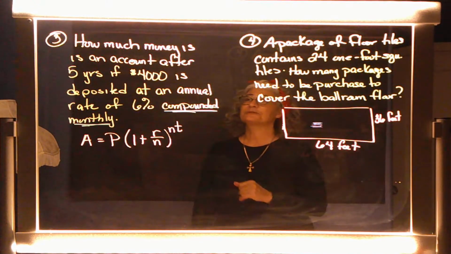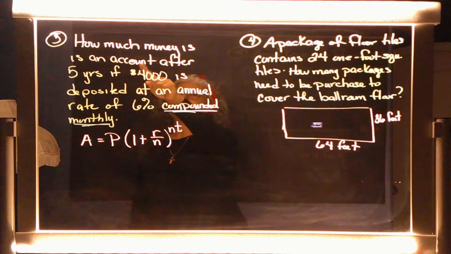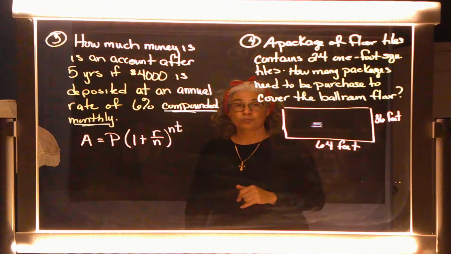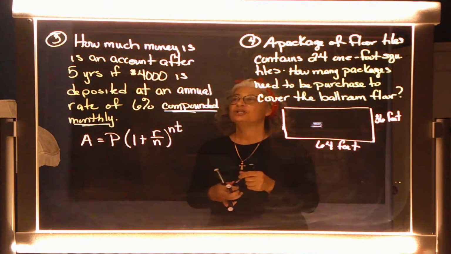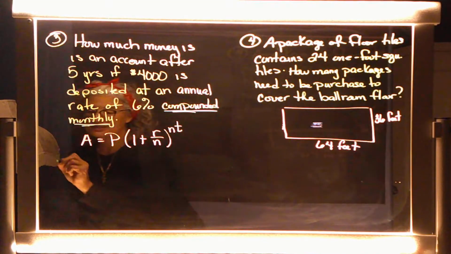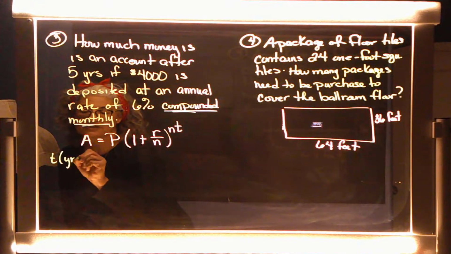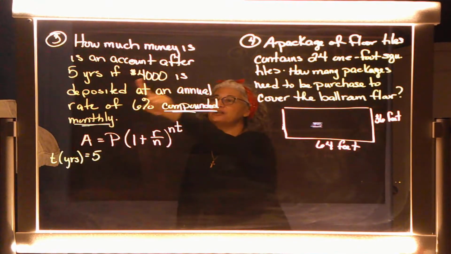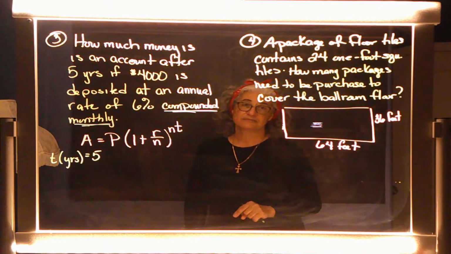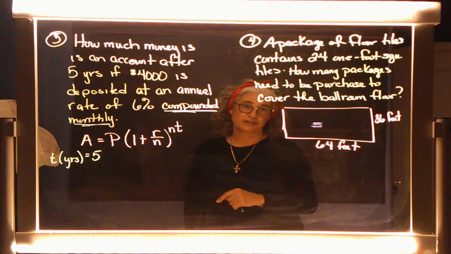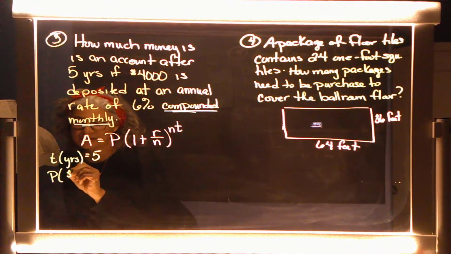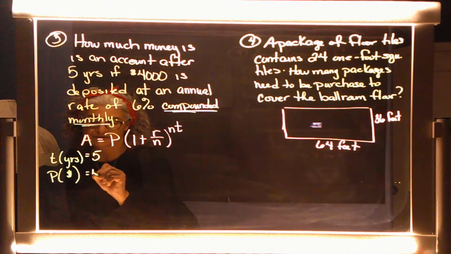So let's take a look. They said how much money is in an account after 5 years. So what did they tell you already? Good, they told you the time. And the time gratefully is in years, and that is 5. If $4,000 is deposited, so what's the 4,000 represent? Good, the P, the principal, right? And that's in dollars.